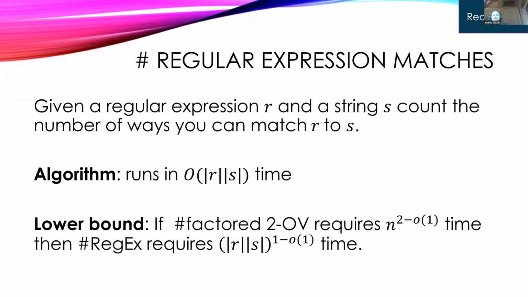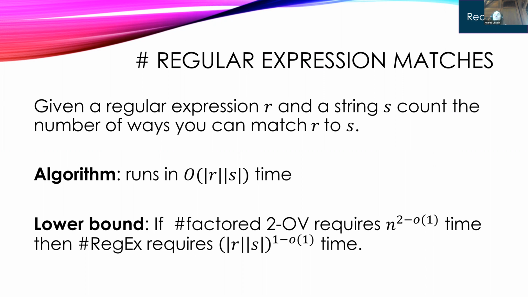I'd like to talk briefly about regular expression matching and then not get into reductions at all. So there's a reduction to regular expression matching in the worst case. And you can take this instead to be an average case hardness for counting regular expression matches, coming from counting factored 2OV.